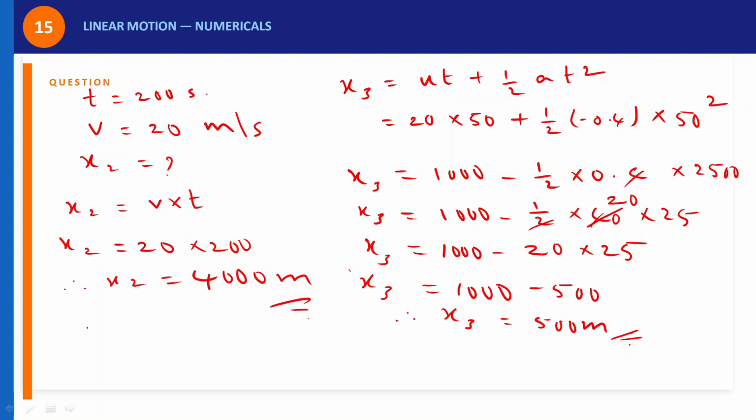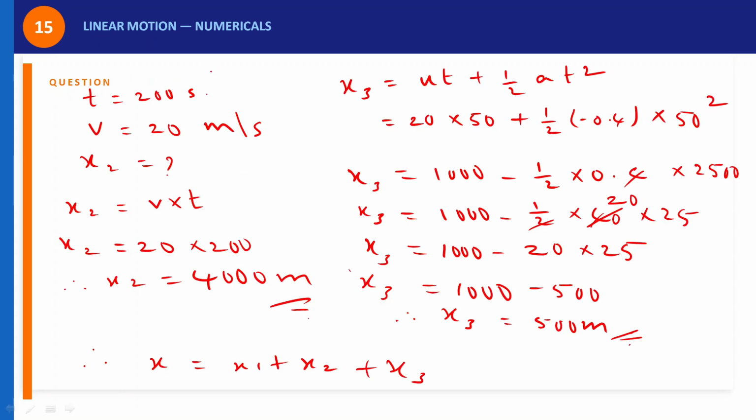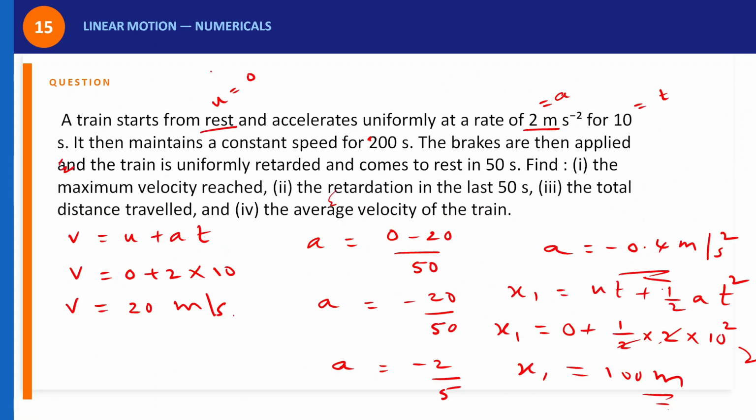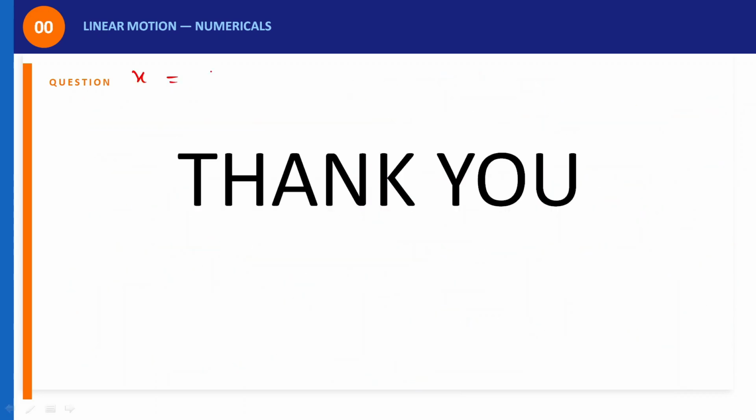What is the total distance? Therefore, the total distance x equal to x1 plus x2 plus x3. Then x equal to, first x1 is 100, 100 plus 4000 plus 500.